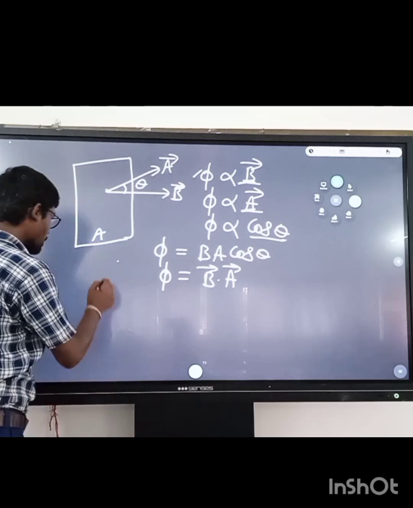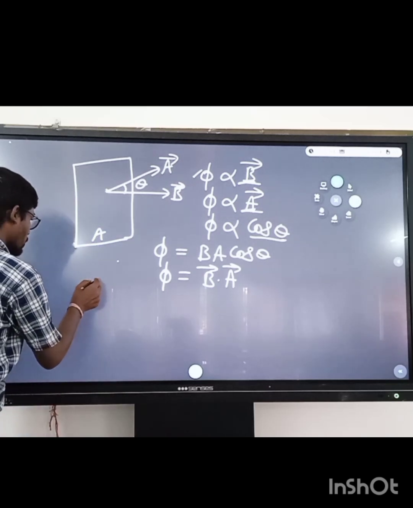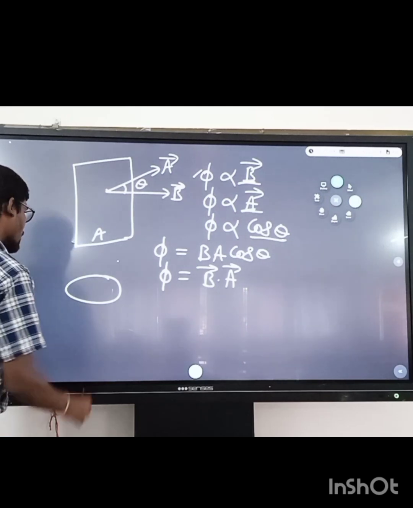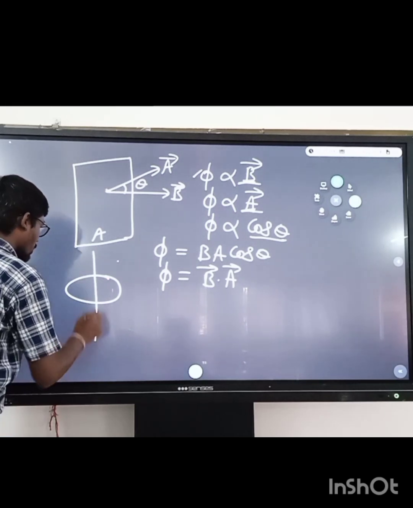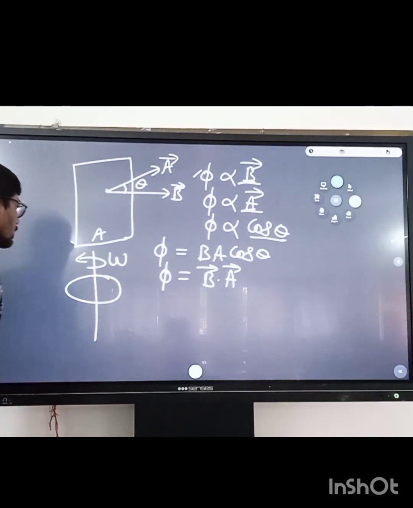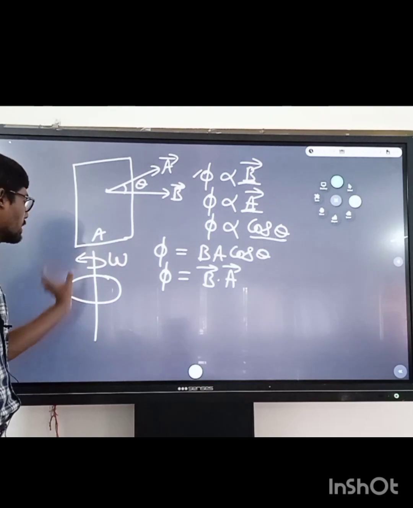Now how can we change the angle between the area vector and the magnetic field lines? Suppose this is our circular coil, and suppose we rotate this coil with some angular velocity omega.